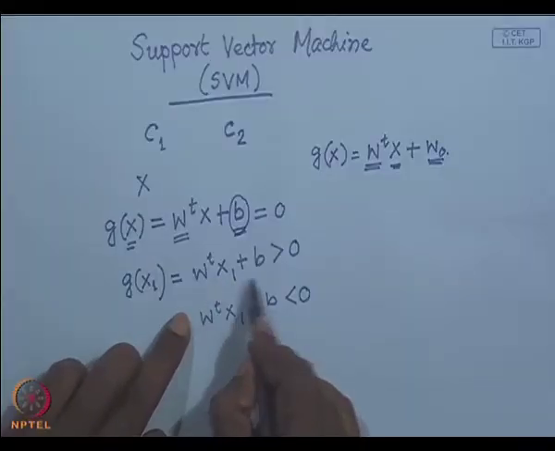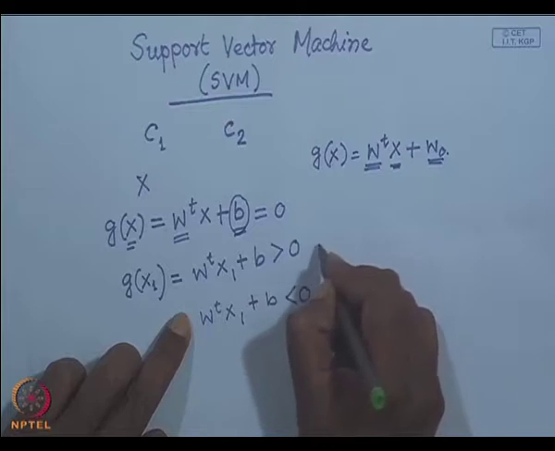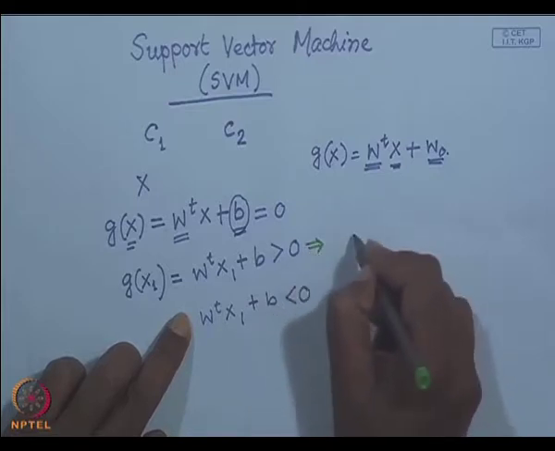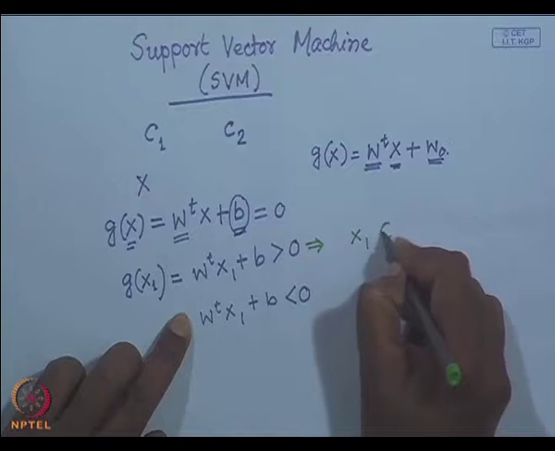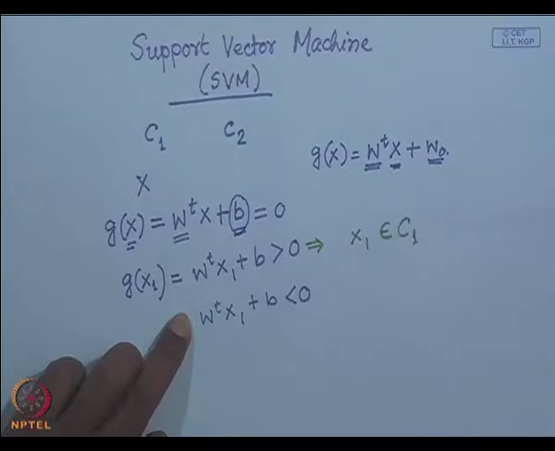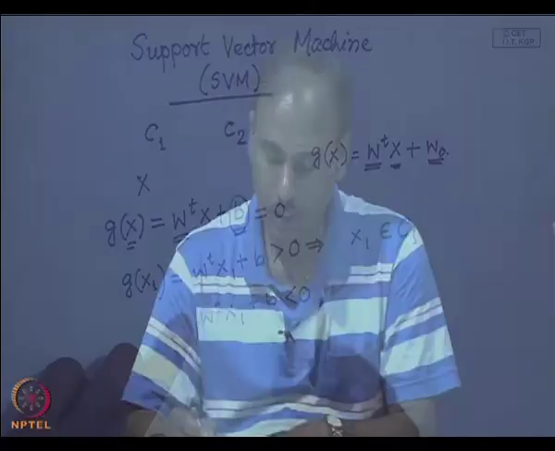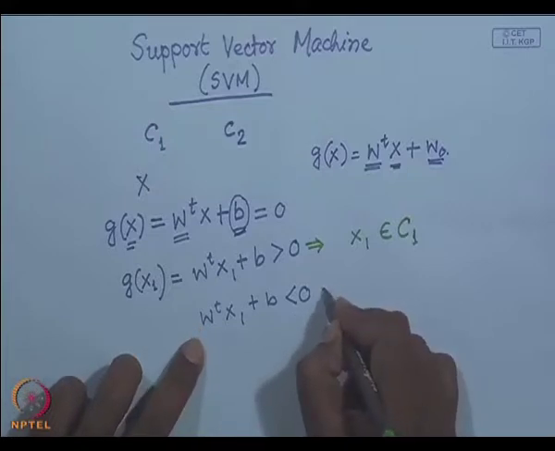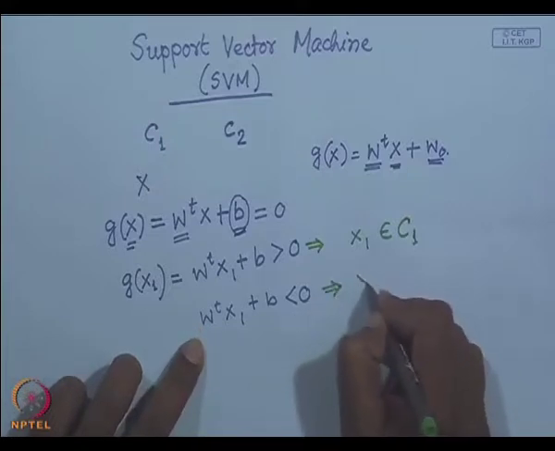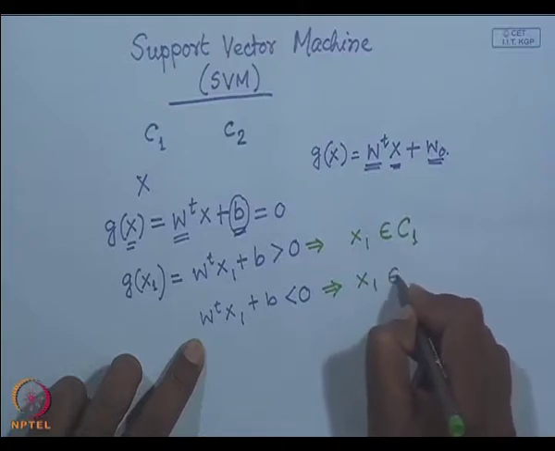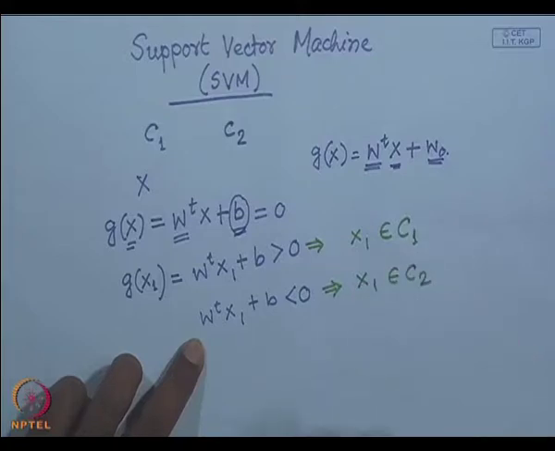And I can have my classification rule: if w transpose x 1 plus b is greater than 0, then I infer that this x 1 belongs to class C 1, whereas if w transpose x 1 plus b is negative, then I can infer that this x 1 belongs to class C 2. So, this is my classification rule.